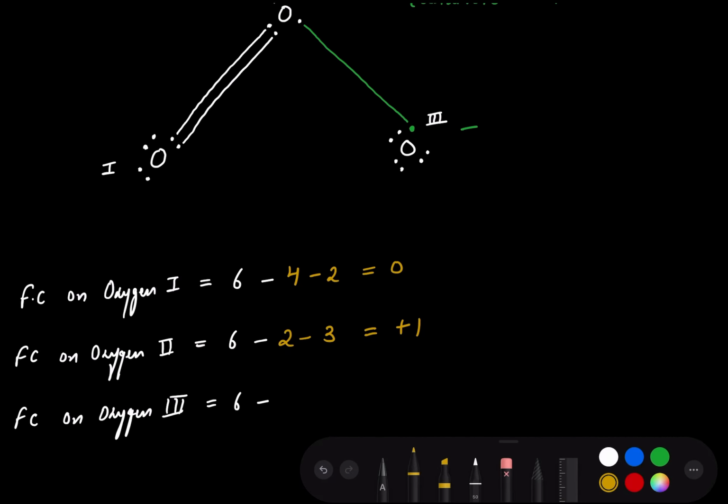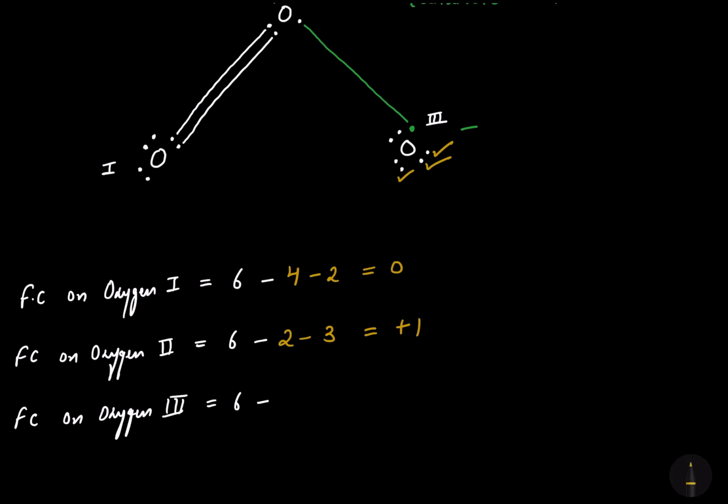Now I am counting the non-bonded electrons for oxygen number 3: number 1, number 2, number 3, number 4, number 5, and number 6. So it comes to 6, so -6, minus the number of bonds formed by oxygen number 3. The number of bonds formed by oxygen number 3 is only 1, and the bond is this. So it comes out to be -1. That means oxygen number 3 has a -1 charge.